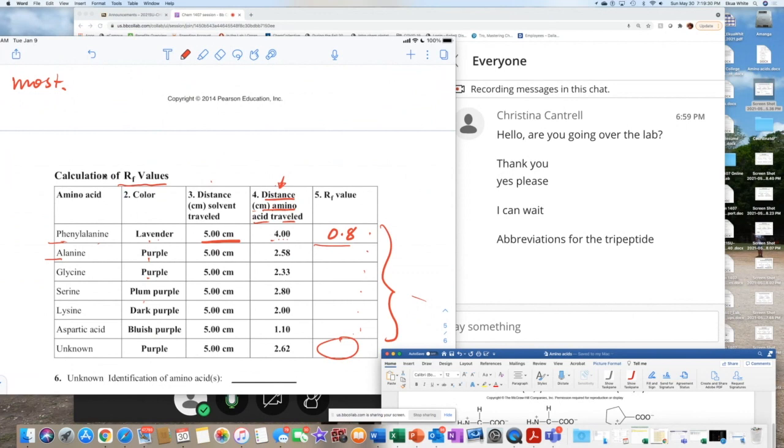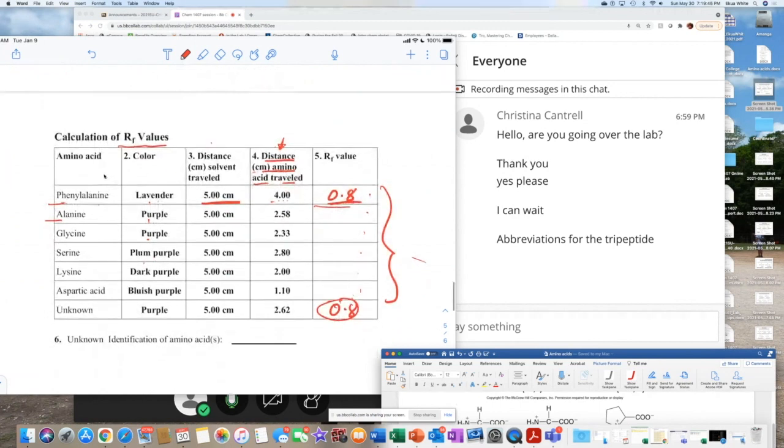So the RF value of the unknown will be very close to one of the RF values of the amino acid. And we're using the RF values to identify the unknown. So whatever it matches essentially tells you its identity. If it matches this one here, if we get a 0.8 here, then we conclude our unknown amino acid is phenylalanine.